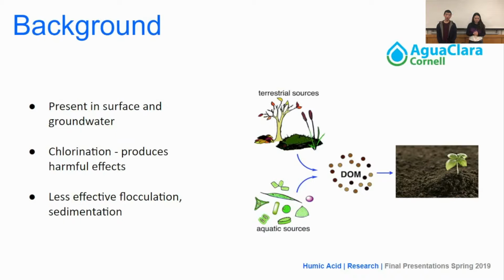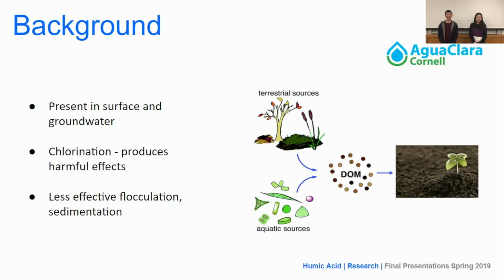So some background on humic acid in general and about our subteam. First, humic acid, for those of you who do not know, is present in nature around us. It composes a lot of the natural organic matter that is in leaves and trees and all that good stuff.